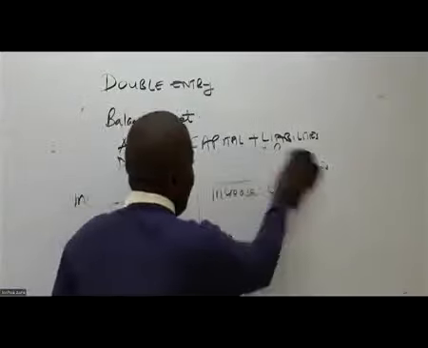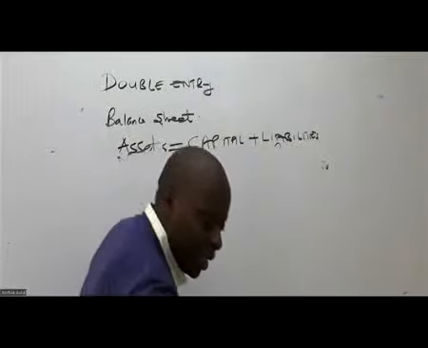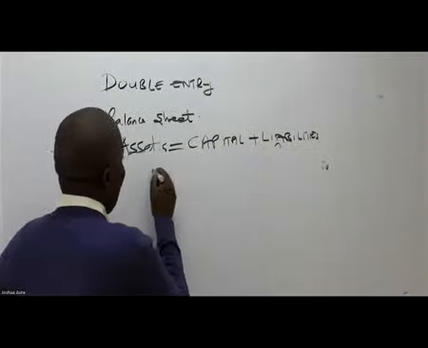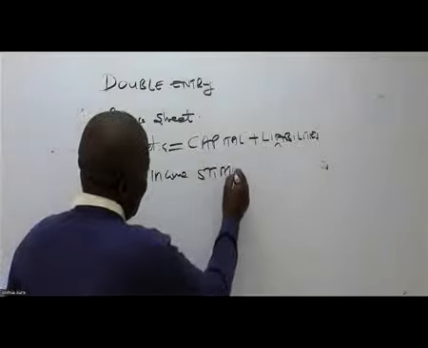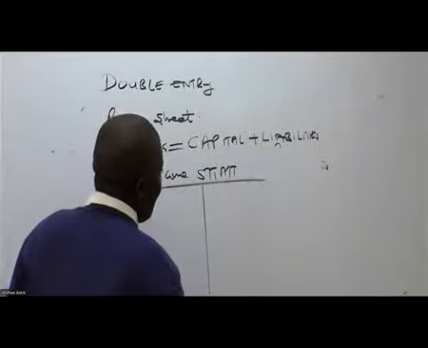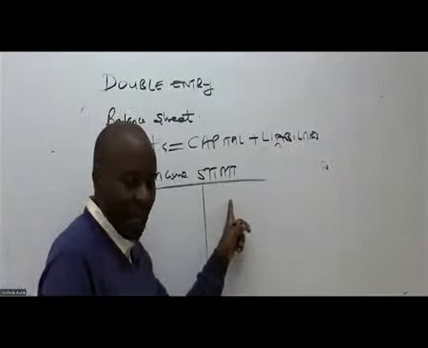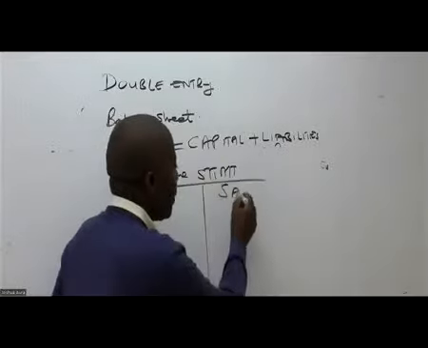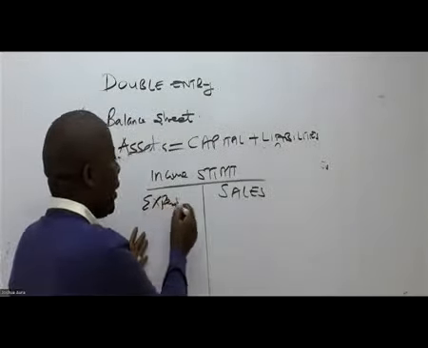And of course, ladies and gentlemen, we have our income statement. If I present this income statement in the form of a T account, which nowadays we don't do, remember the incomes were always credited. So here we have the sales, but the costs, the expenses, are on the debit side.